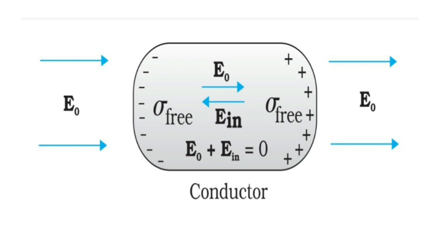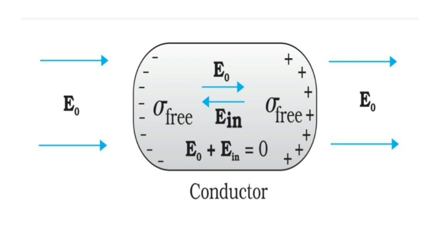And since electrons are negatively charged, they will be moving in a direction opposite to the direction of the electric field. In that opposite direction, electrons will get accumulated. That means on that side a negative charge develops, and on the opposite side a positive charge develops.